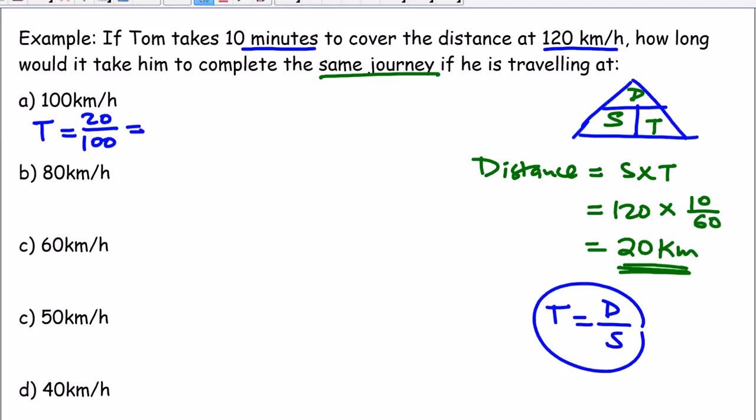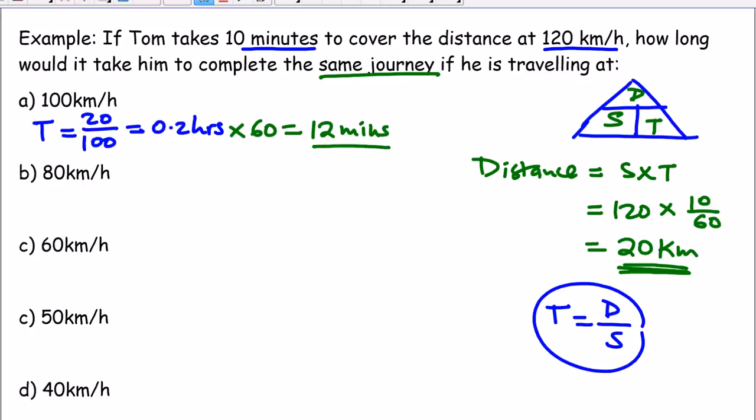If you work that out on your calculator, you'll get 0.2 hours. Remember here we have our distance in kilometers and speed in kilometers per hour, so our time is in hours. We can convert that to minutes by multiplying it by 60. So if we multiply this by 60, we will get our time in minutes, which will be 12 minutes.